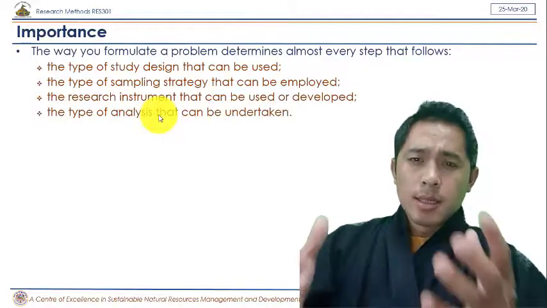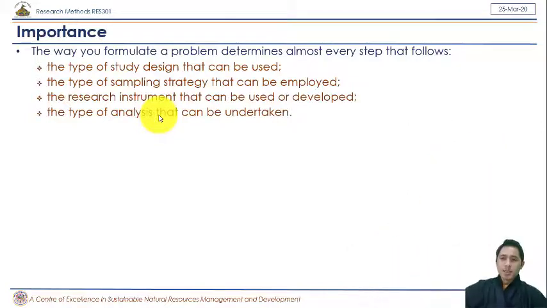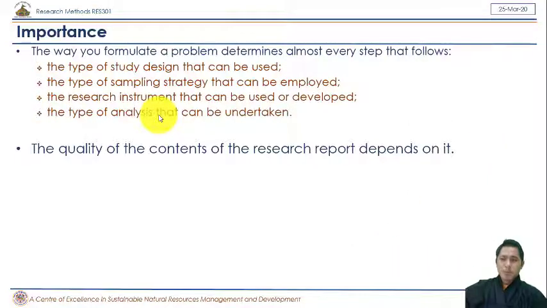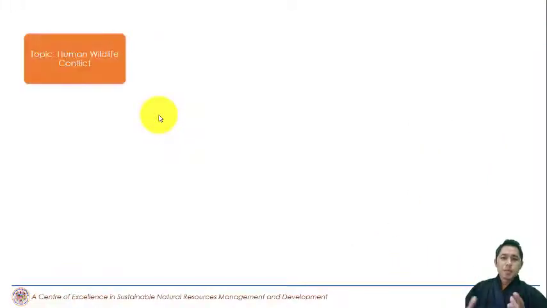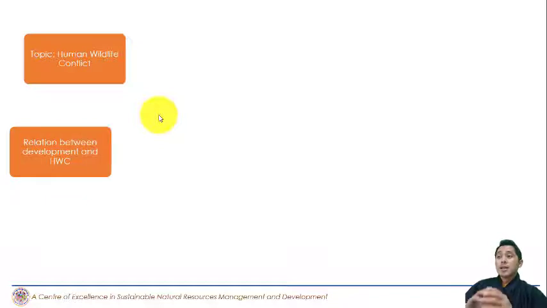Let us clarify this with more examples. Let us say that our broad title is to work on human wildlife conflict, and the specific sub-title is to study the relation between development and human wildlife conflict.